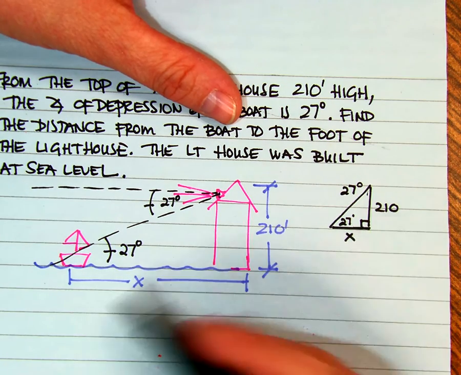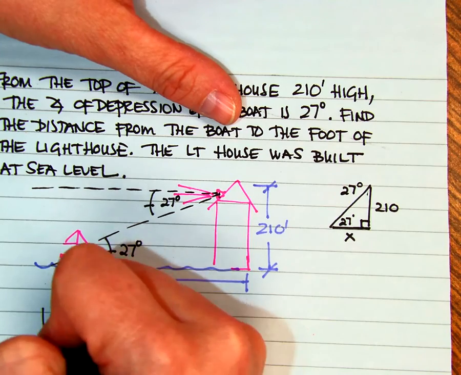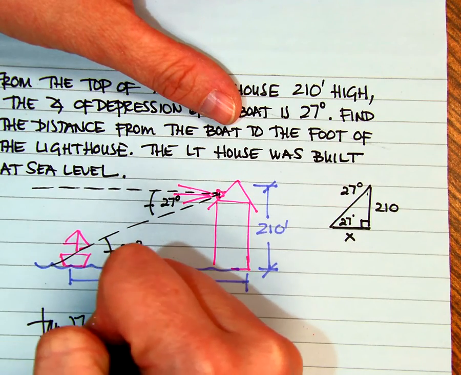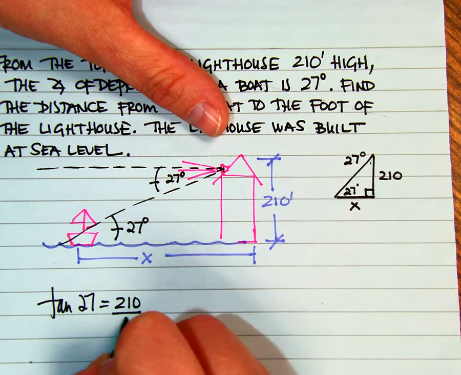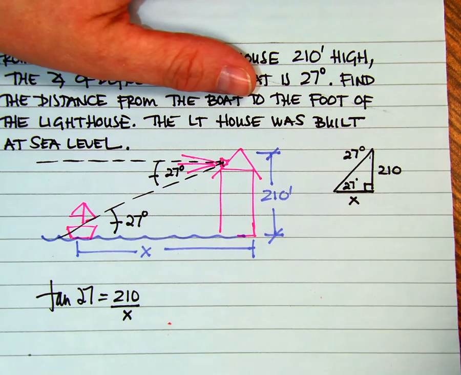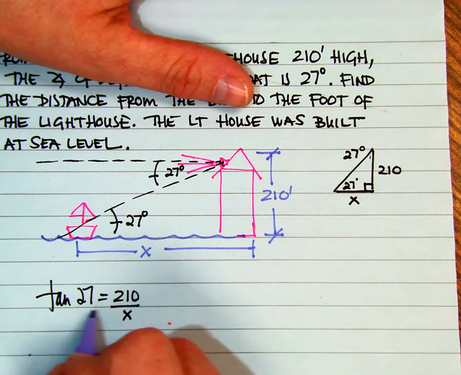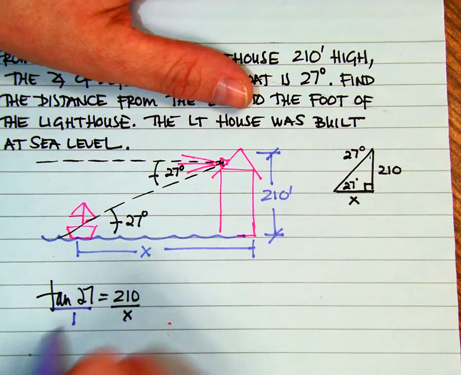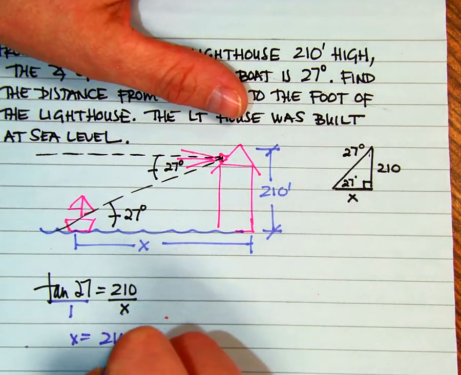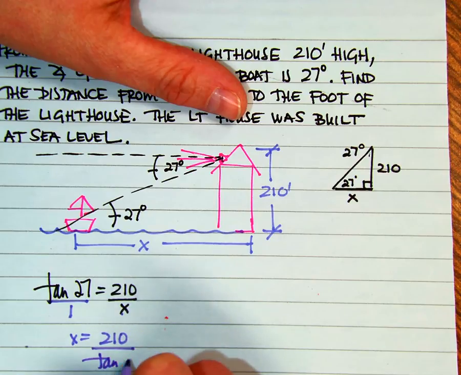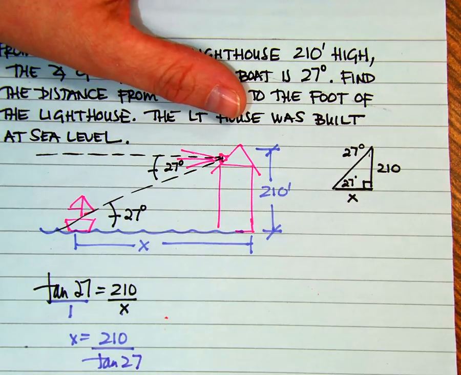This one happens to also be another tangent. So the tangent of 27 equals 210 over x. Same thing I did last time, I am going to switch places because of a property of proportions. So I have x equals 210 over the tangent of 27.